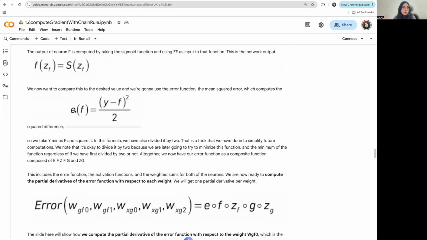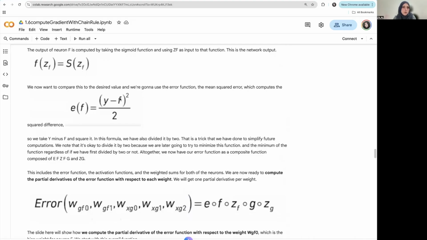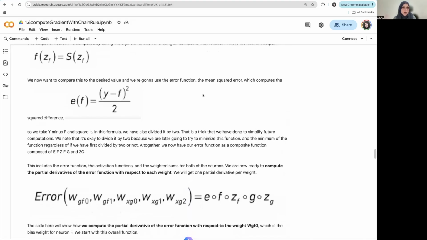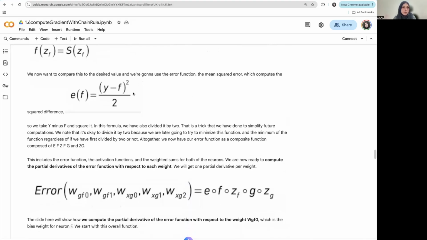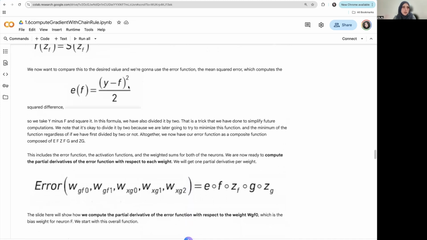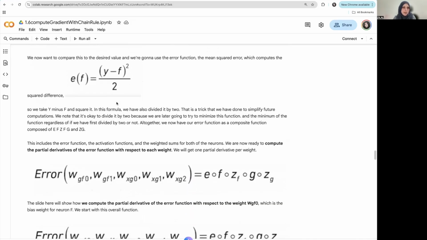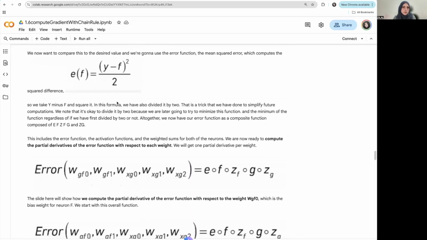We now want to compare this to the desired value. We are going to use the error function, the mean squared error, which computes the squared difference. So we take y minus f squared and then divide by 2, because we have two examples, x1 and x2. This is useful for computation. It makes the computation easier.